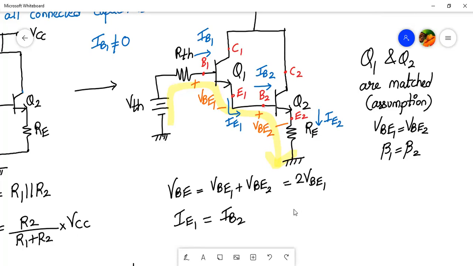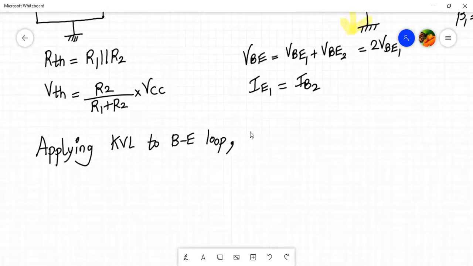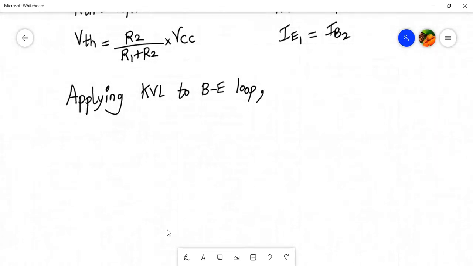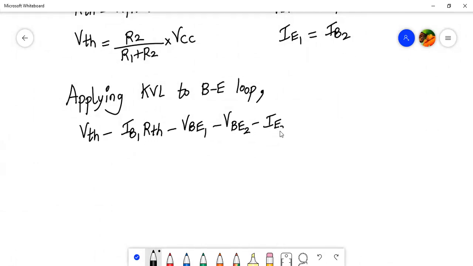All right. So let me write the equation. It is VTH minus IB1 into RTH minus VBE1 minus VBE2 minus IE2 into RE.